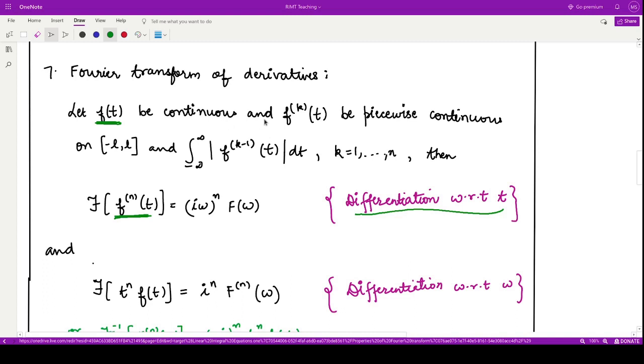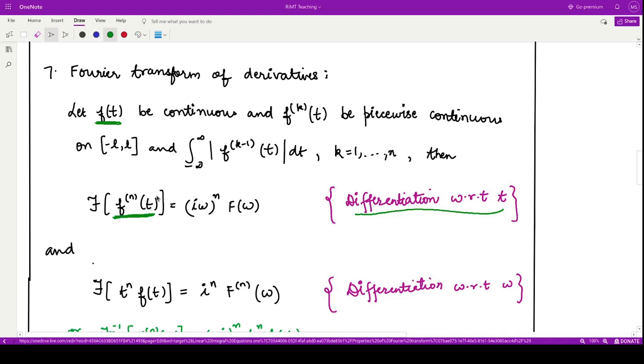The kth derivative of f should be piecewise continuous on the given interval, and moreover it should be absolutely convergent. So whenever you are defining something like this, you should have all the derivatives up to the nth order as piecewise continuous and absolutely convergent. If that is true, then we can apply the Fourier transform onto the derivative of this function.